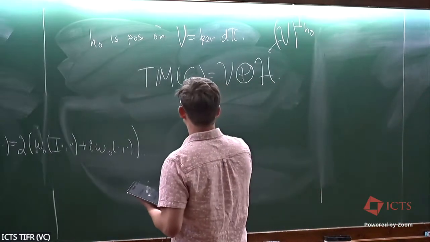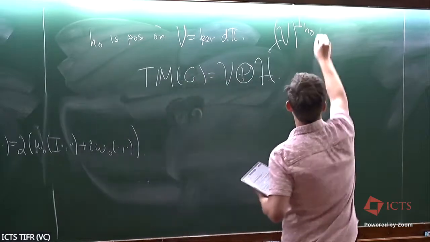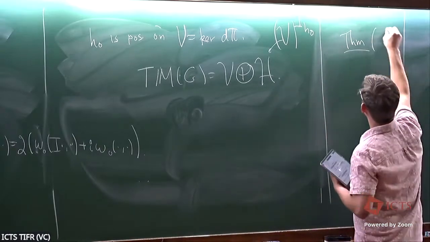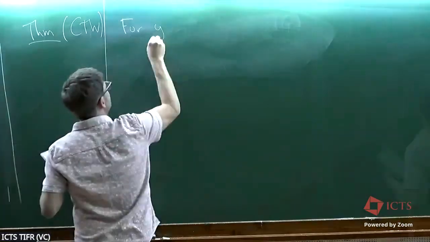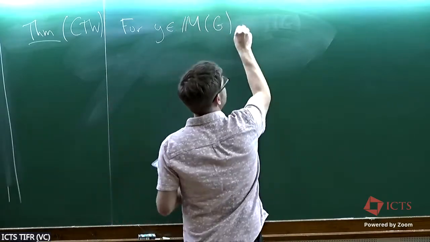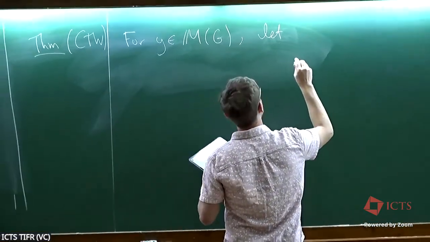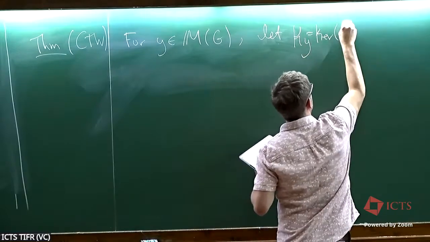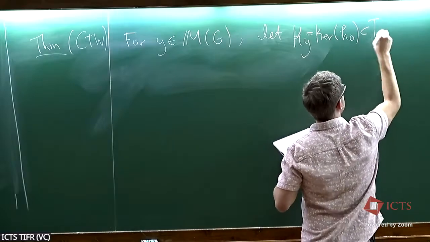Okay, so I guess there's enough room here. Yeah, I'll write it here. So, theorem. If I take a point y in M_G, let K_y be the kernel of my Hermitian form as a subspace of the tangent bundle.